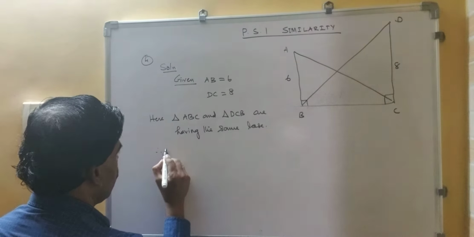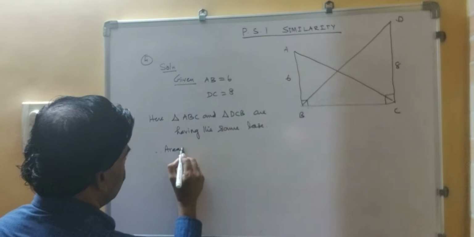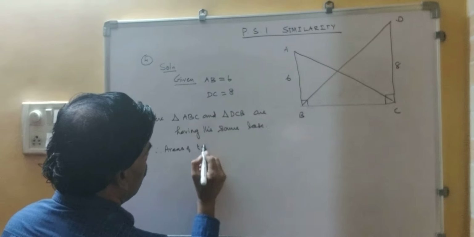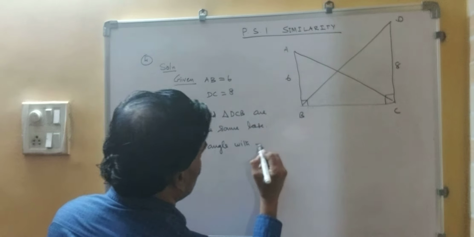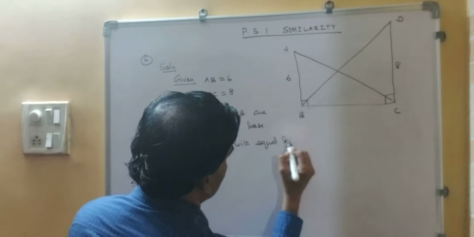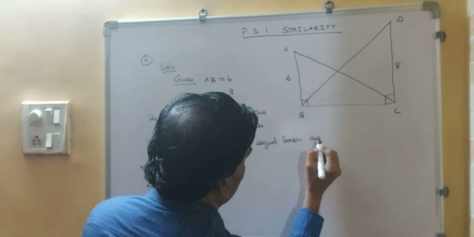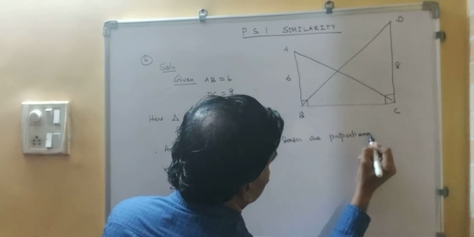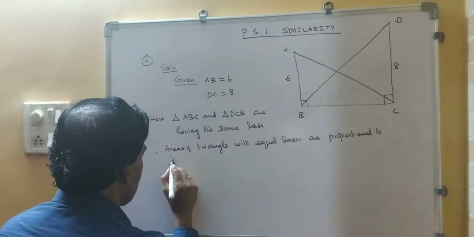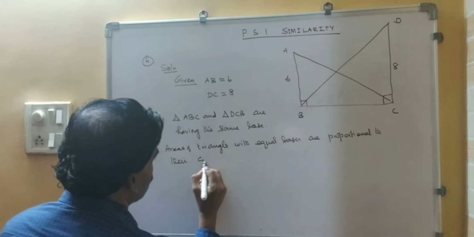Therefore, areas of triangles with equal bases are proportional to their corresponding heights.